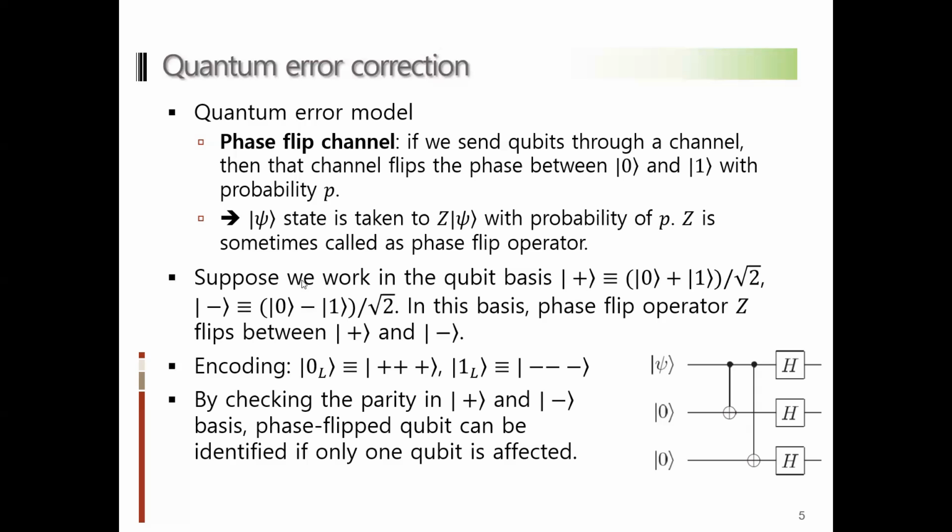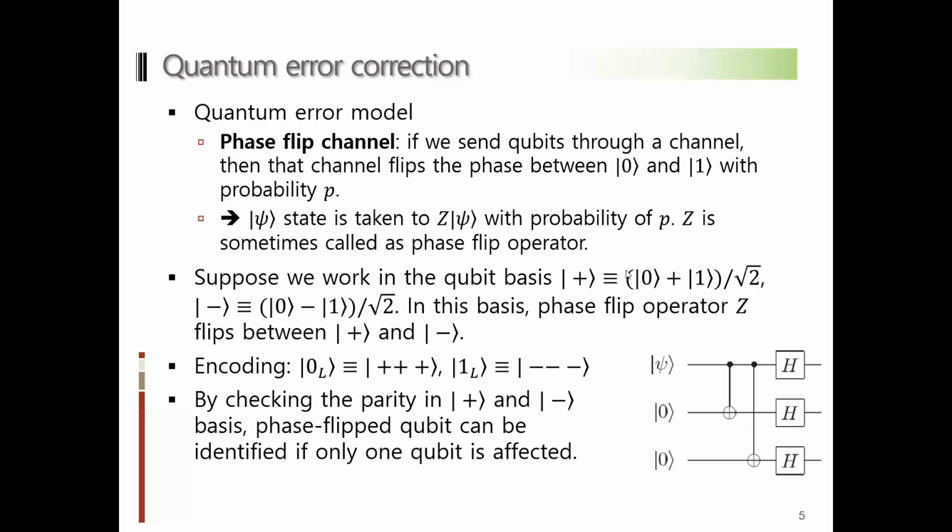Even if we measure everything in the computational basis, generally we cannot measure the phase value. However, by switching from the computational basis to the plus-minus basis, we should be able to detect the value of the phase.